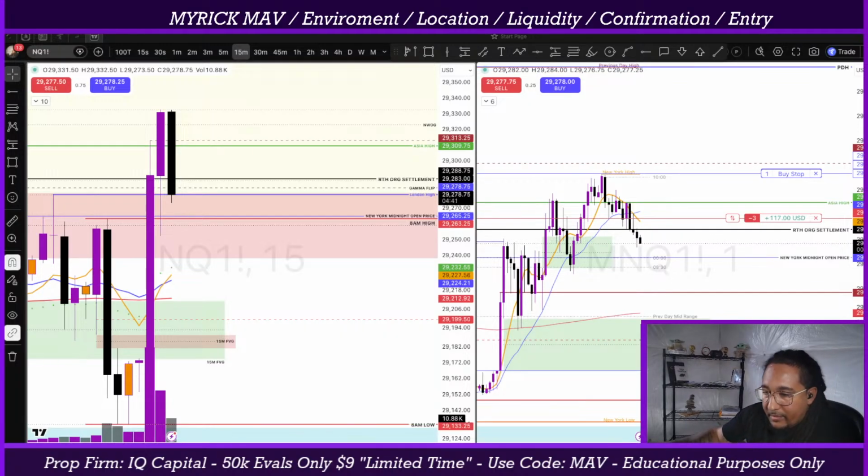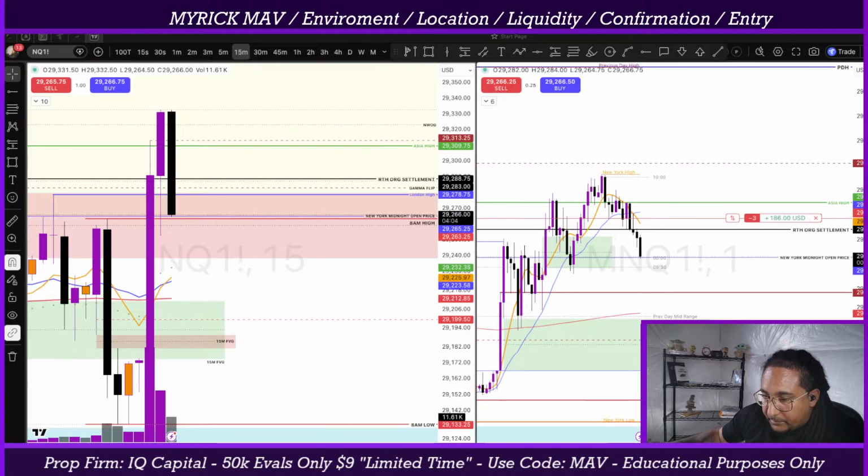See if we can get it down there, right at that midnight open. Waiting to see if we can get the full move to the downside here.